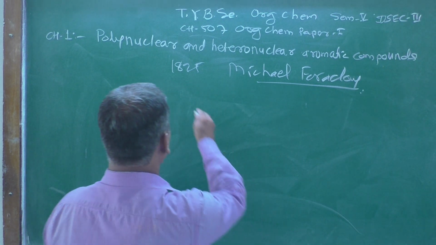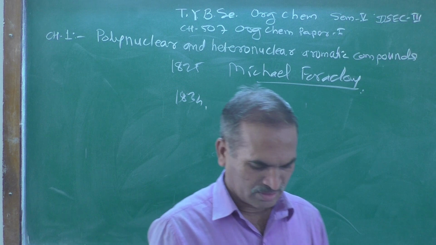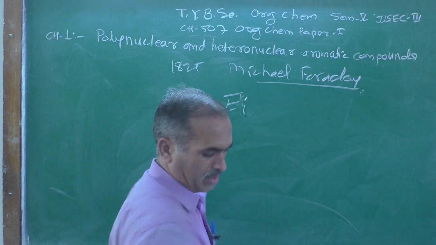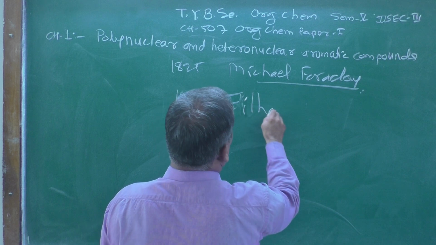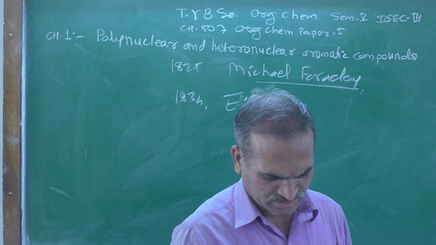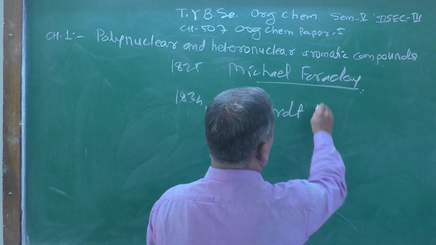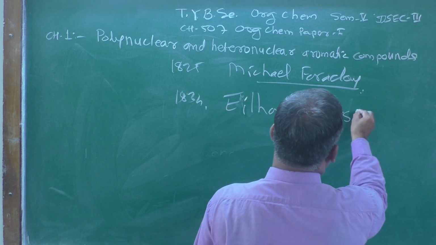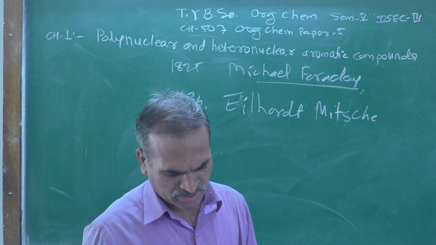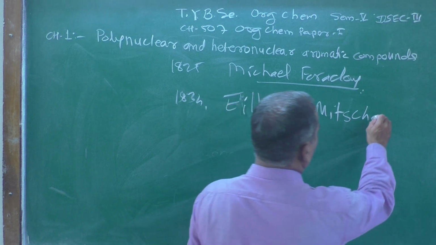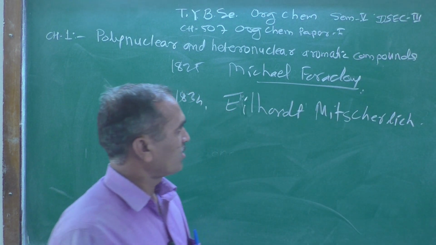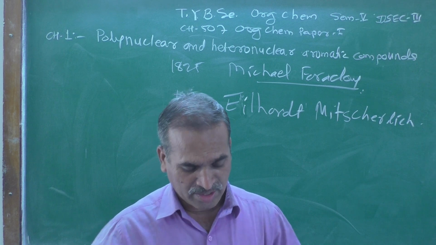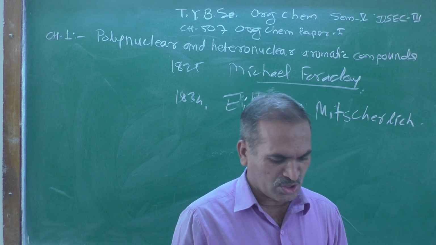In 1834, Mitscherlich of Berlin University obtained benzene by heating benzoic acid with lime.